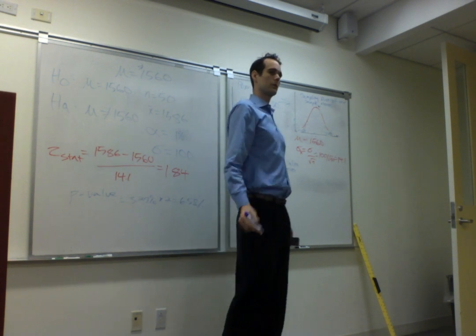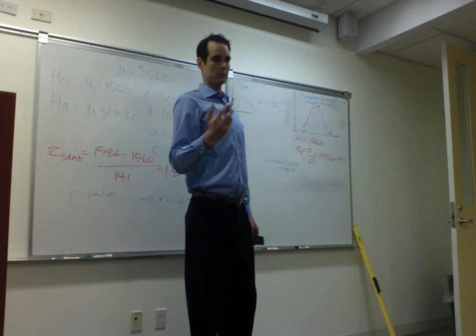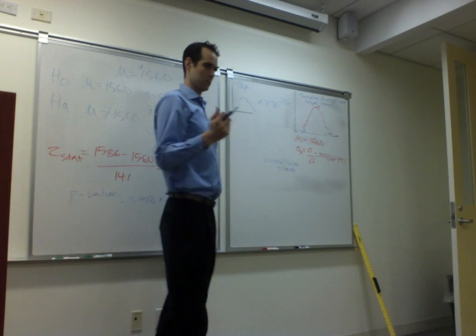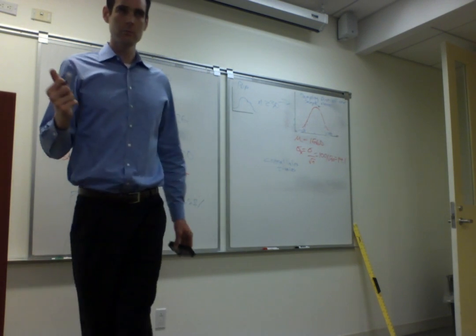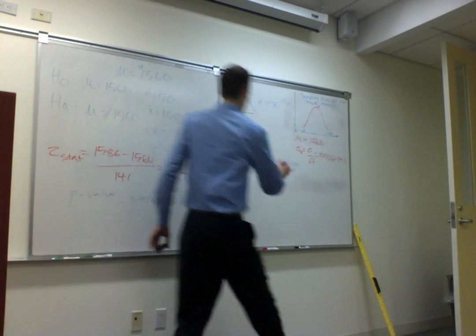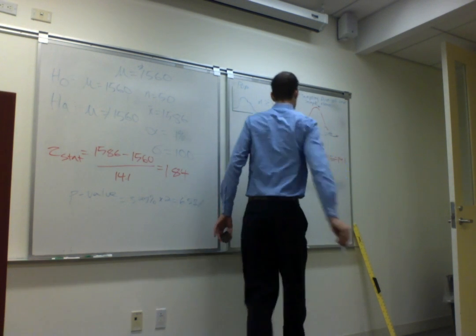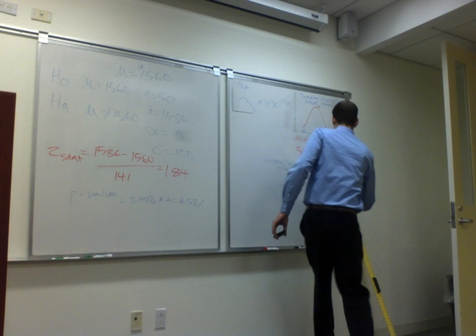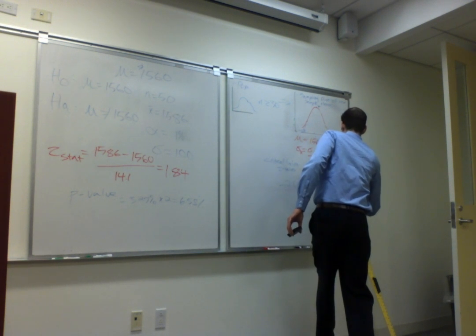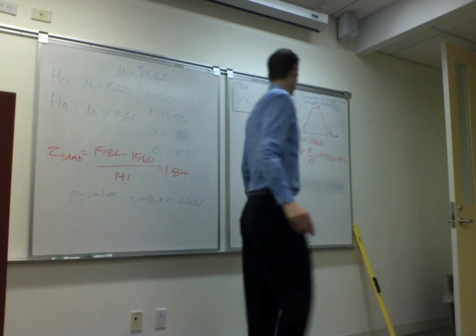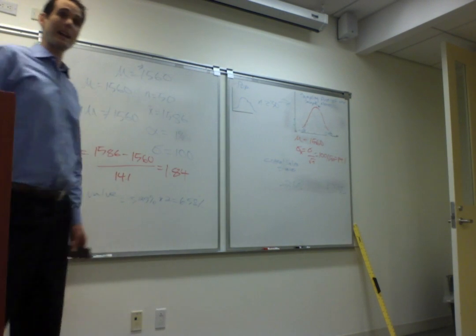Okay, so we need critical values: negative 2.58 and positive 2.58. So we set ourselves a pretty high standard.